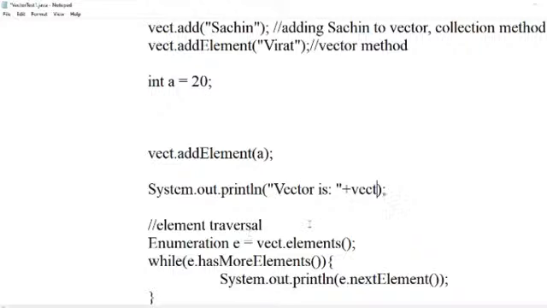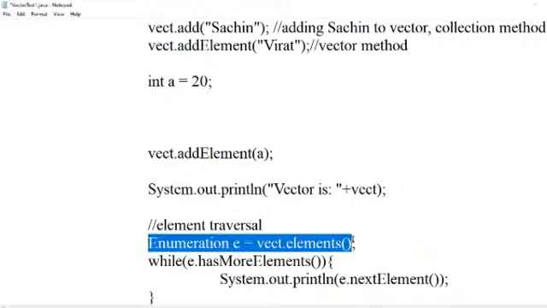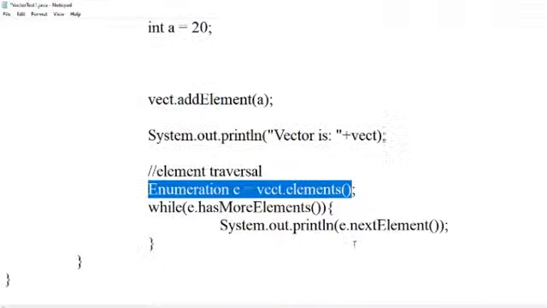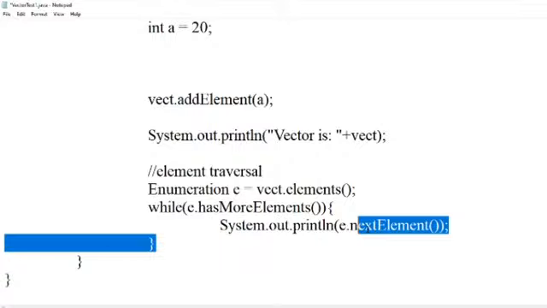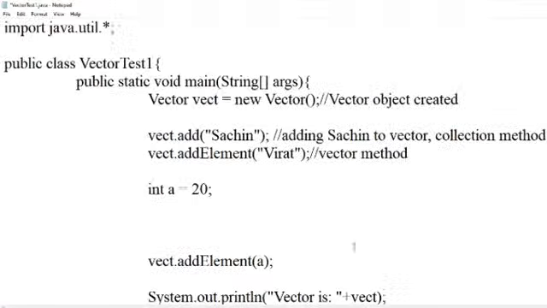But suppose I want to do certain operations on each and every element. I want to traverse through all the elements. Then I can use this enumeration and visit each and every element, and whatever operation I want to perform, I can perform. Otherwise here I simply want to display it on the screen. So I am saying simply system.out.println e.next element, and it will display it on the screen.